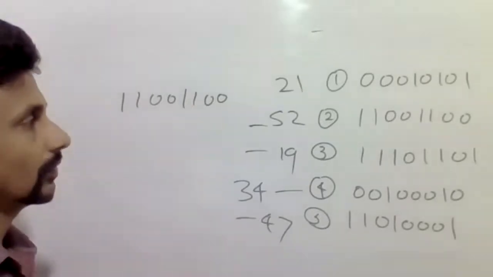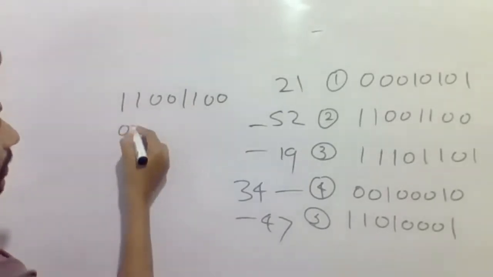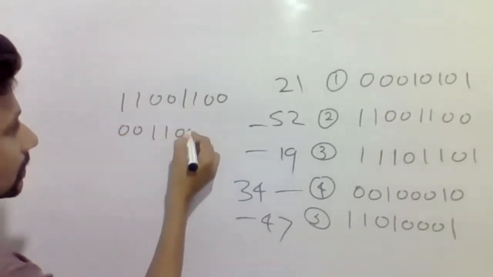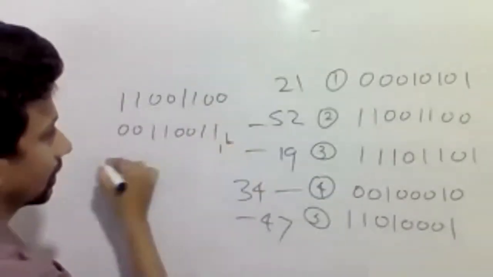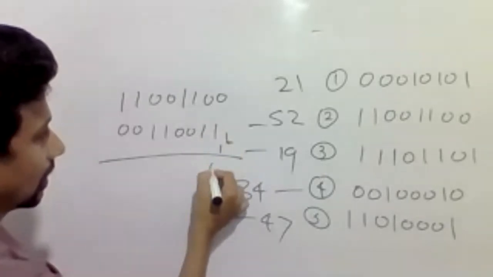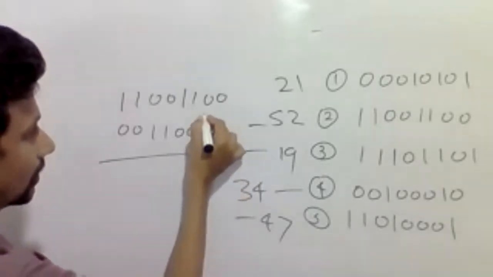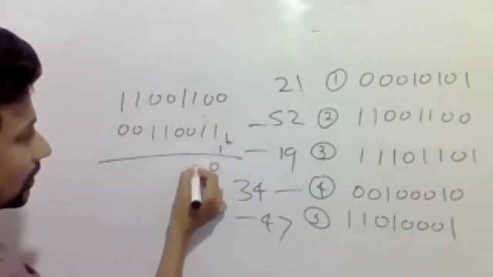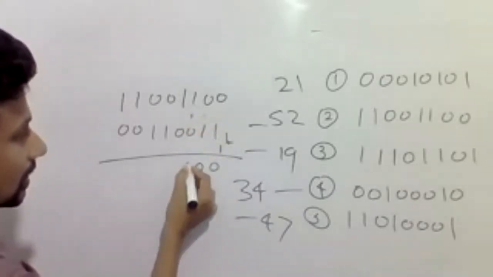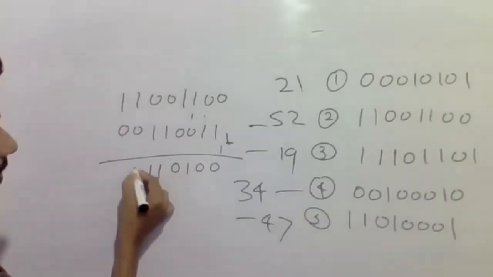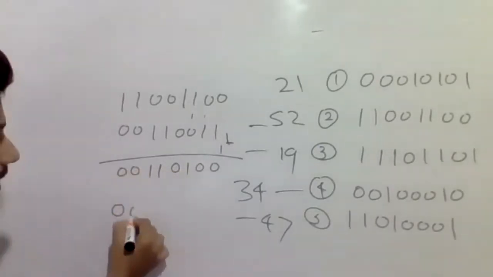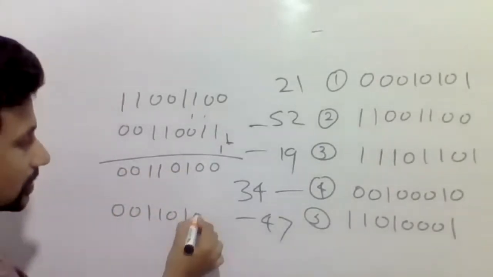Then you have to flip the bits: 0, 0, 1, 1, 0, 0, 1, 1, right? Then add 1 here. 1, 1 becomes 0. That 1 is coming here. Then that 1 with 0, again 1 is coming here when you're adding that, right? And here 0, 1, 1, 0, 0. So that answer you have to convert to decimal.